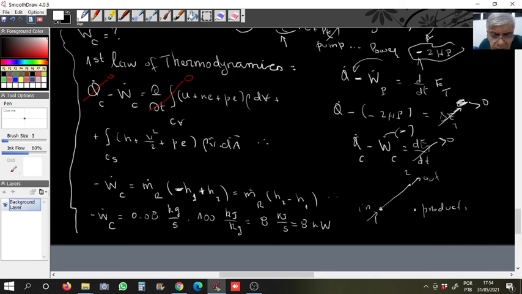I just rearrange this term, h2 minus h1, and I remain with minus here. Now, this is 0.08, the mass flow rate, and this difference here is around 100, as I did before. This is 0.08 times 108 kilojoules per second, 8 kilowatts.